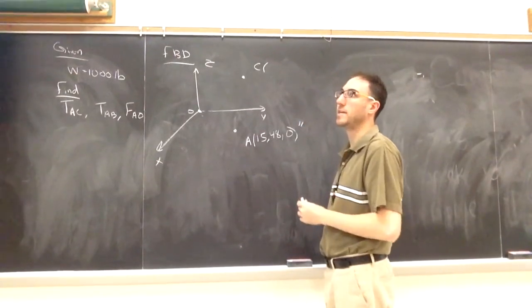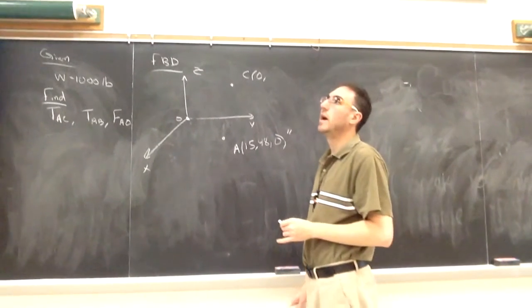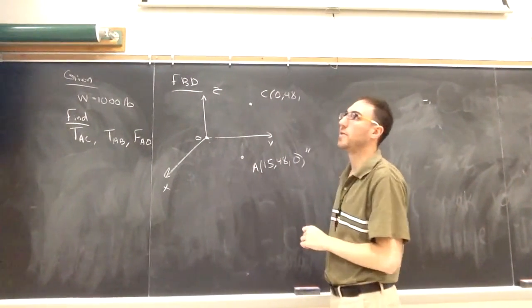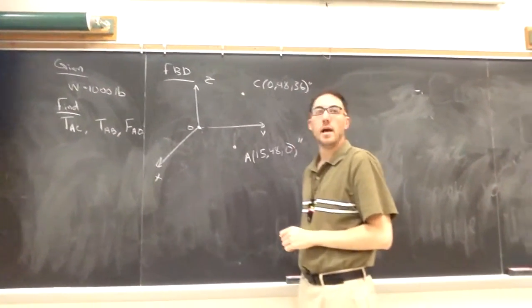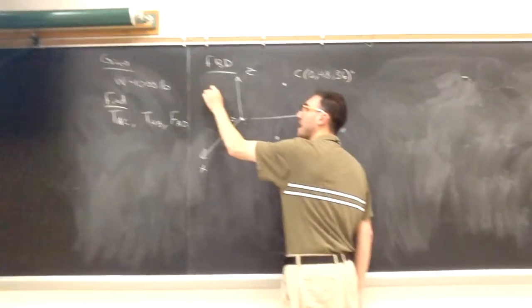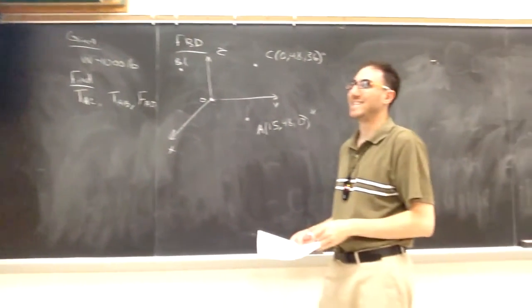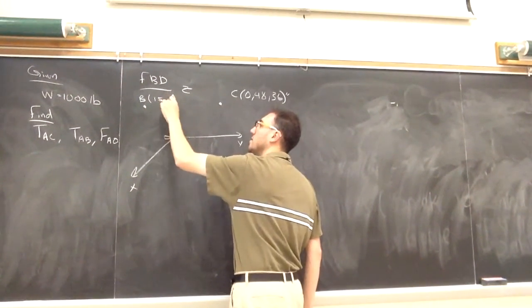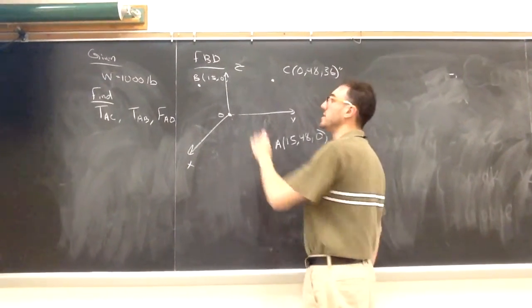It's in the YZ plane, so it's going to be 0 in the X. I have to go 48 in the Y, and 36 in the Z. And a force that goes from A to B from that cable. B is in the XZ plane, so I have to go 15 in the X, 0 in the Y, and 36 in the Z.